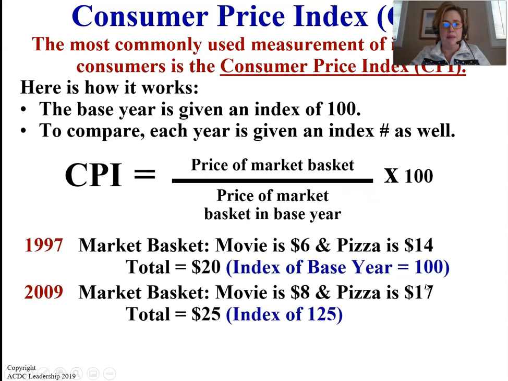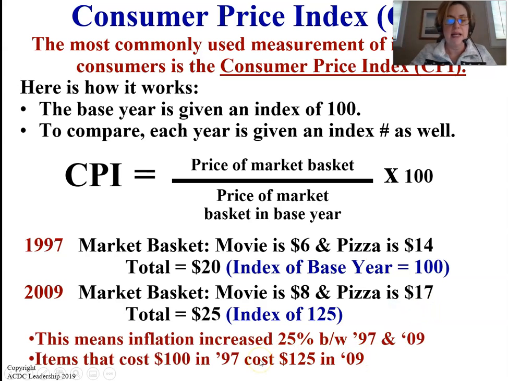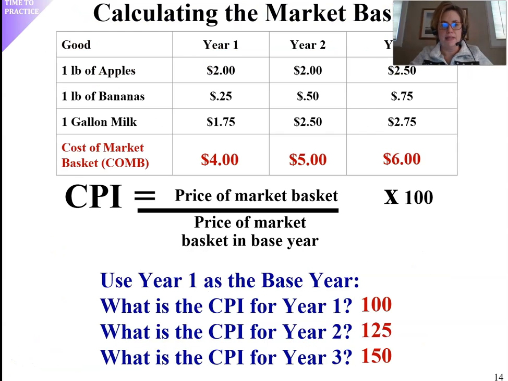So if we use an example here, the market basket value in the base year is 20, and the price of the market basket in 2009 is 25. So if you take 25 over 20 times 100, you're going to get an increase in inflation of 25%. So an item that would cost $100 would cost $125 in 2009.